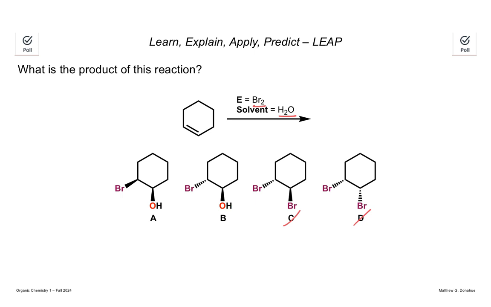And we know that the mechanism states that those must be anti to one another, so B is going to be the correct answer. Any questions before we move on to the next reaction?